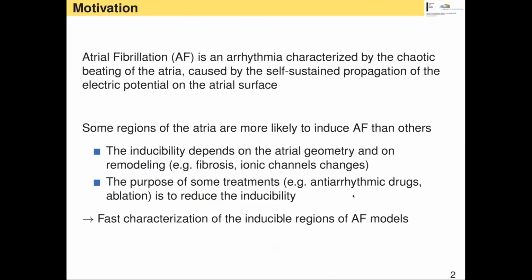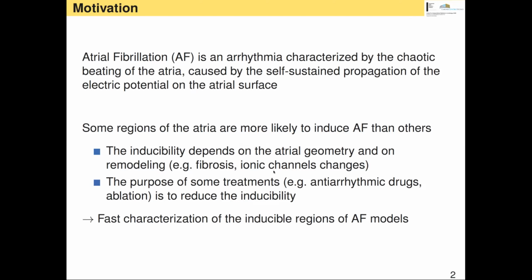I start with motivation. Atrial fibrillation is an arrhythmia characterized by the chaotic beating of the atria caused by the self-sustained propagation of the electric potential on the atrial surface. Some regions of the atria are more likely to induce atrial fibrillation than others. The inducibility is affected by the atrial geometry and the remodeling, for example, in the form of fibrosis or ionic channels changes.